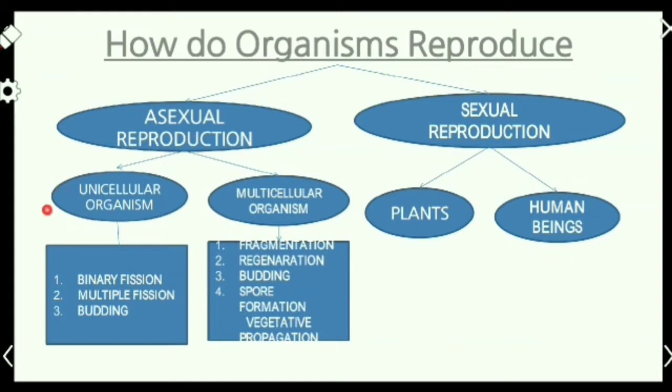In unicellular organisms, it can be binary fission, multiple fission, or budding, whereas in multicellular organisms, it can be fragmentation, regeneration, budding, spore formation, and vegetative propagation. Today's topic is sexual reproduction. It can take place in plants and in human beings. So, our discussion today will be on sexual reproduction in plants.